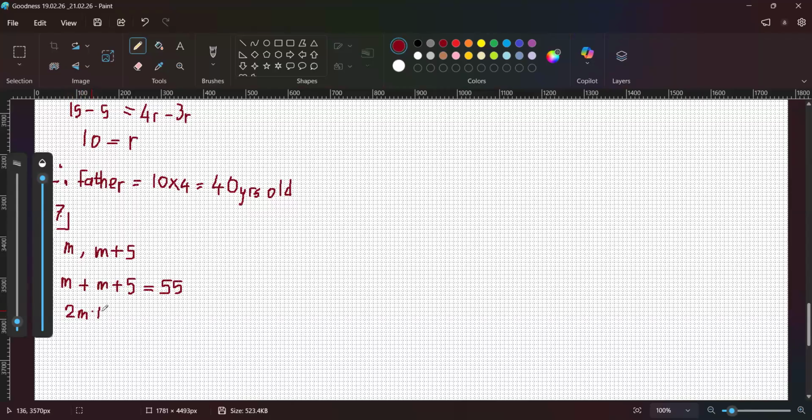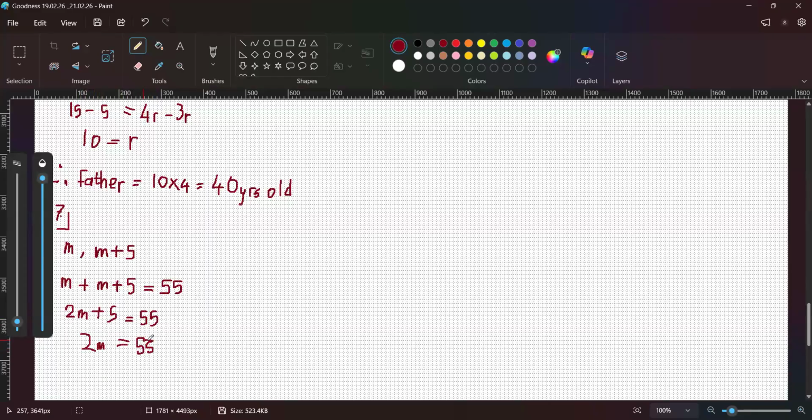And then we bring the 5 over to come and meet the 55. So that we have that 2m, we're left with 2m equals 55 minus 5, which is 50.